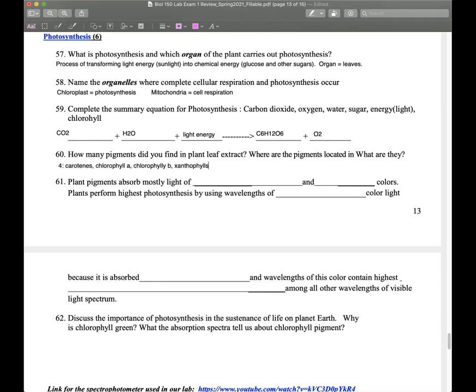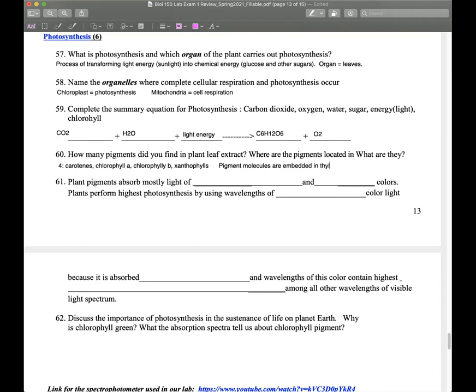And where are they located? So not just, okay, in the chloroplast, but specifically, where are these molecules embedded?